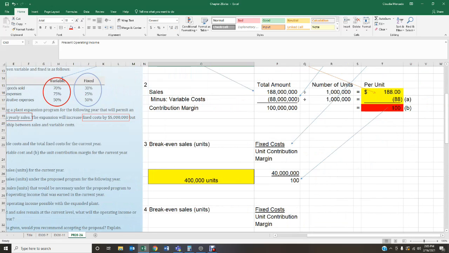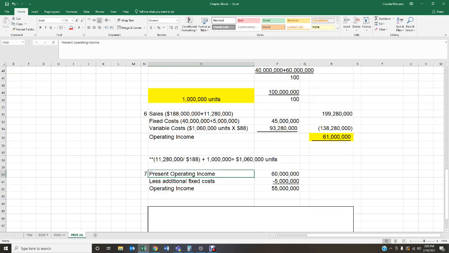Variable cost per unit is 88. That will give us 93,280,000. We add the two costs together, the 45 million and the 93,280,000. That gives me 138,280. The reason it's in parentheses is because these are expenses. So 199,280 minus the 138,280 will give me 61 million operating income.